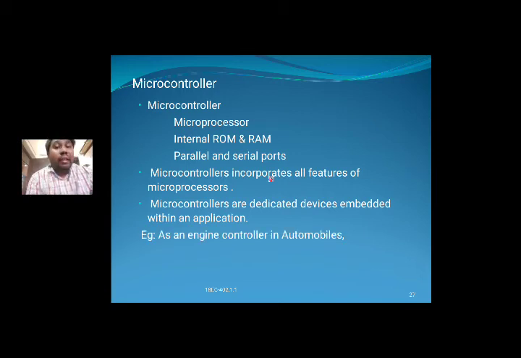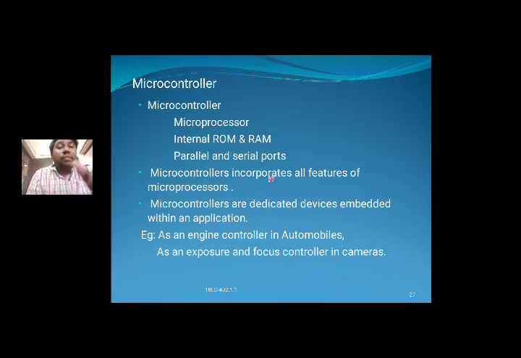An example is engine control in automobiles. In automobiles, the engine is controlled automatically. That means if you take a vehicle which has an automatic system, the engine controls the vehicle automatically. Another example is the exposure and focus controller in the camera.